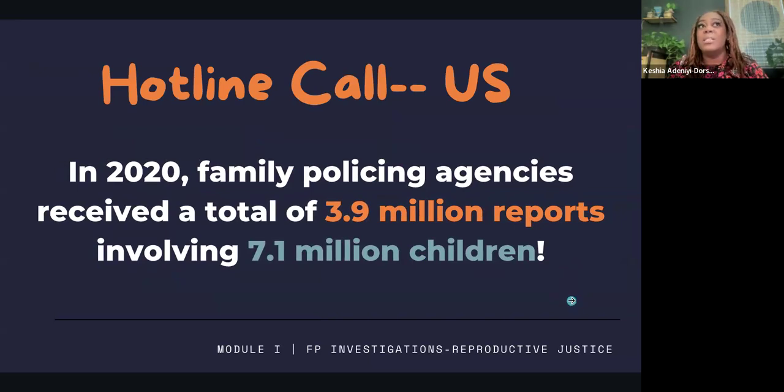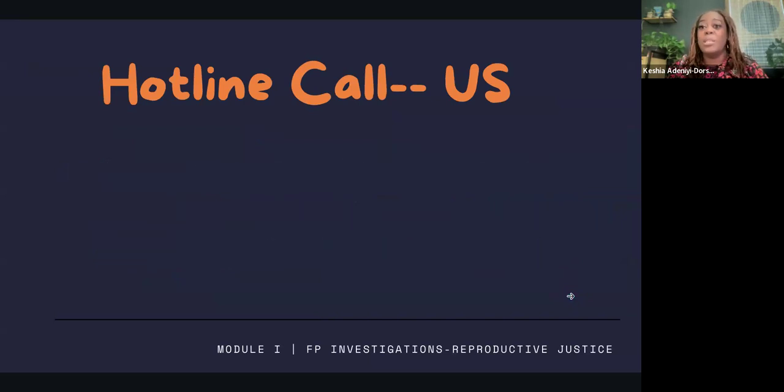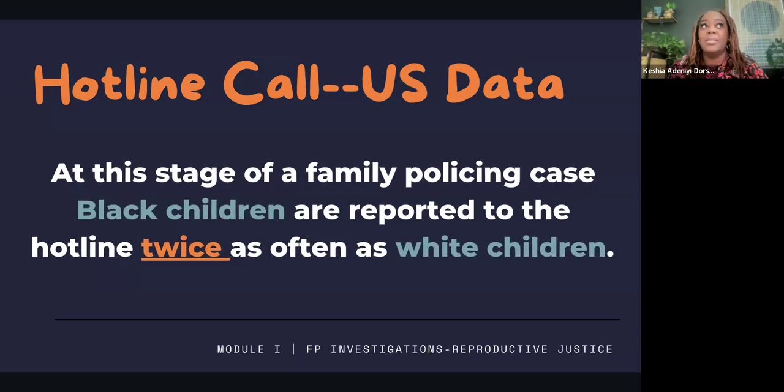And a majority of these calls to the hotline, there may have been an investigation, but the majority of them are unfounded. And then the remaining ones, as we see, are neglect. A lot of them are neglect.